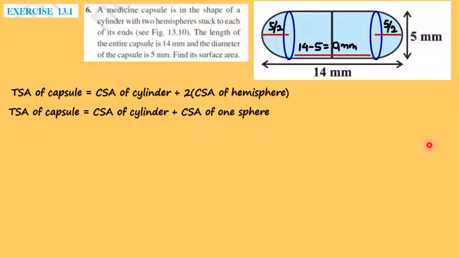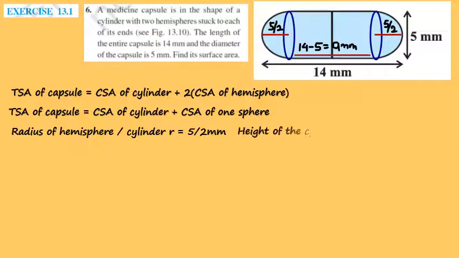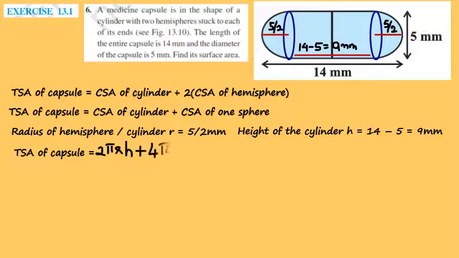So TSA of the capsule is CSA of cylinder plus CSA of one sphere. Instead of taking 2 into CSA of hemisphere, we can find CSA of one sphere. That formula we can apply. So radius is 5 by 2 and height is 9. Let us substitute the values. The CSA of cylinder is 2 pi rh plus CSA of sphere, which is 4 pi r square.